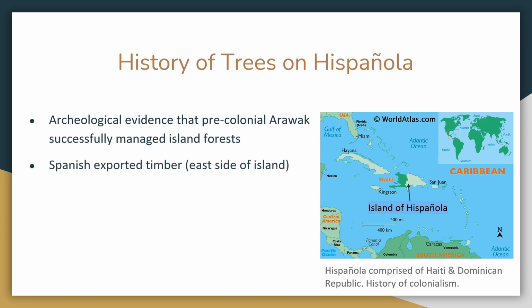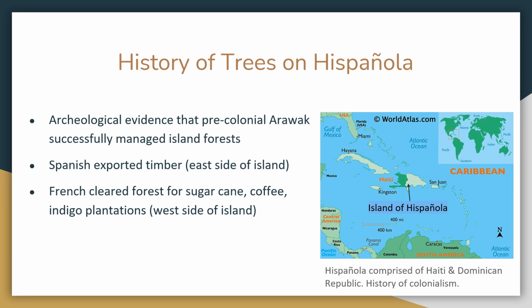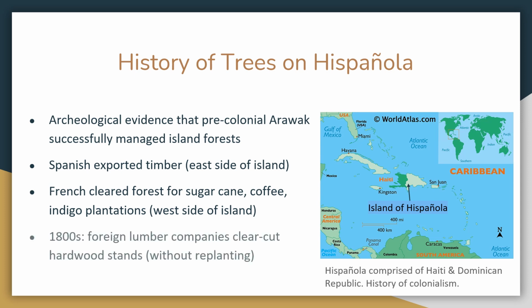But upon colonization, the Spanish exported timber from the east side of the island, while the French clear-cut forests to replace them with profitable sugarcane, coffee, and indigo dye producing plantations. In the 1800s, foreign lumber companies were invited in, and they clear-cut the remaining hardwood stands without replanting any of the trees.